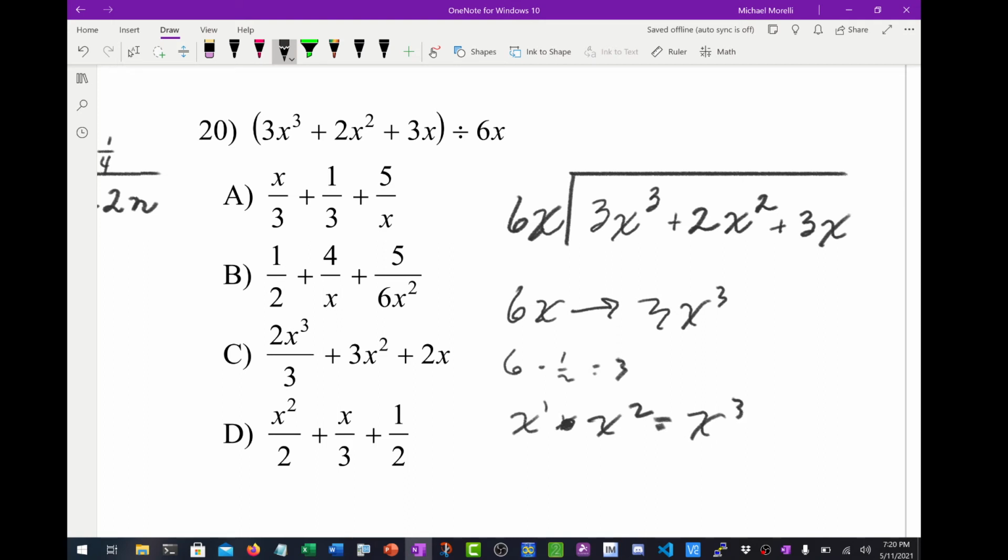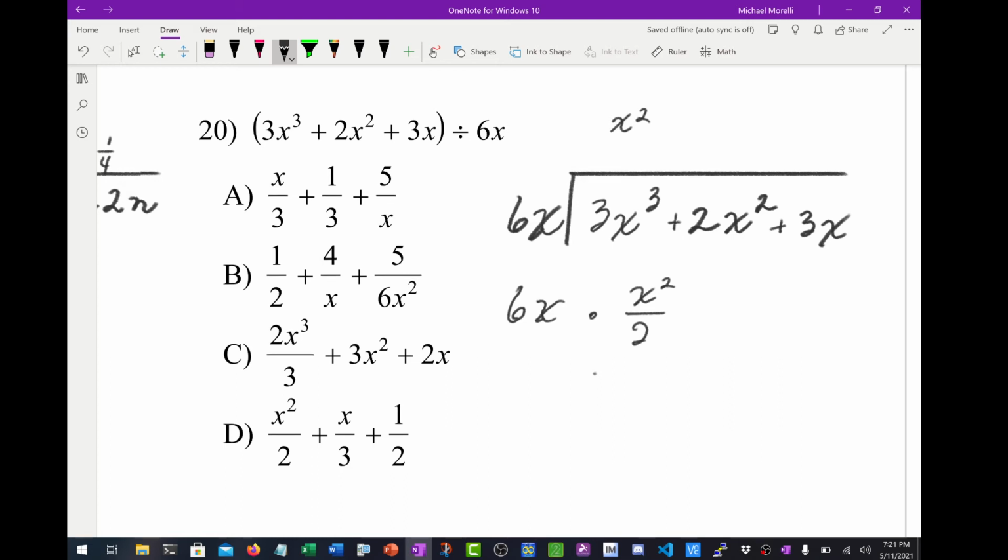So if I combine that together, I'm going to multiply by 1/2, I'm going to multiply by x squared, so I'm really going to be multiplying 6x times x squared over 2. x squared over 2 is the first term of the quotient. So when you multiply that out, you'll get 3x cubed. And those cancel. We can bring down the 2x squared.